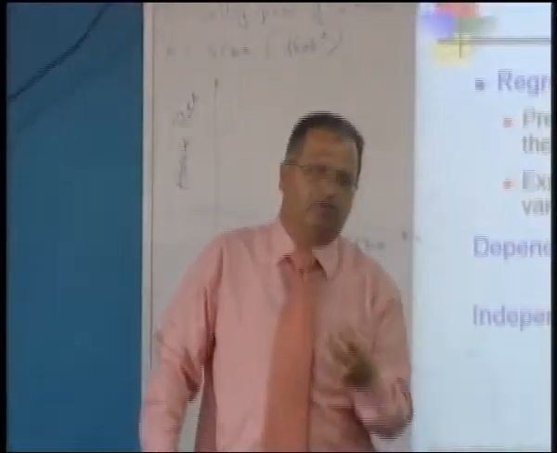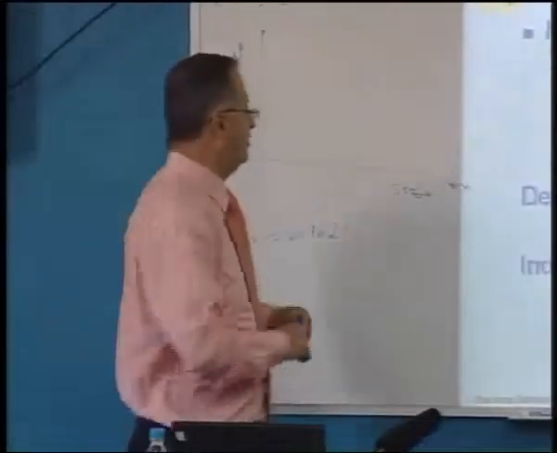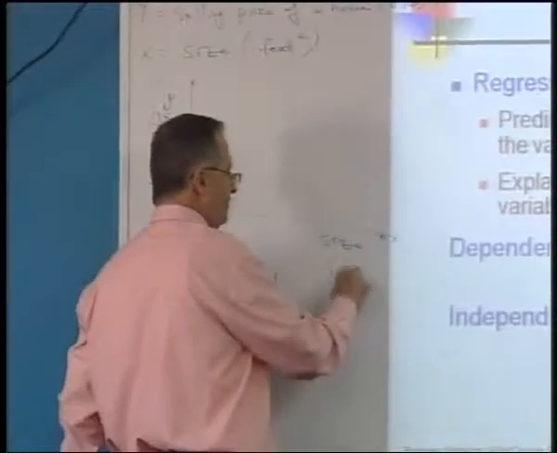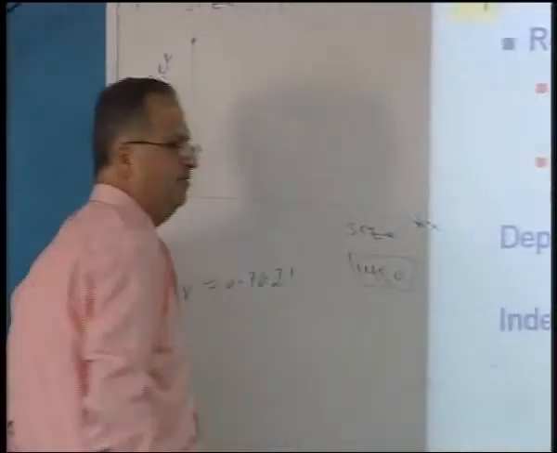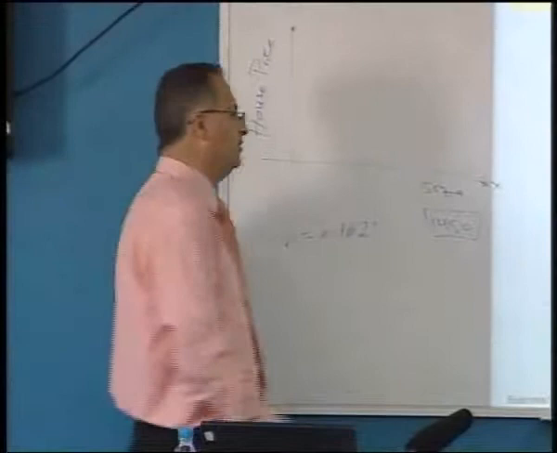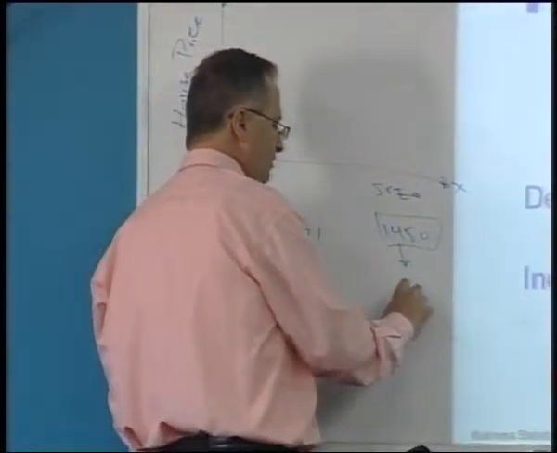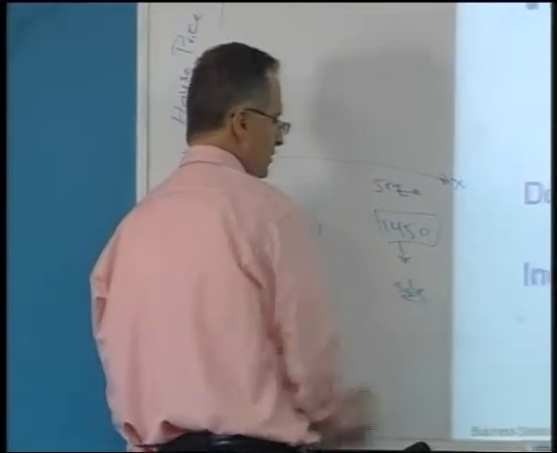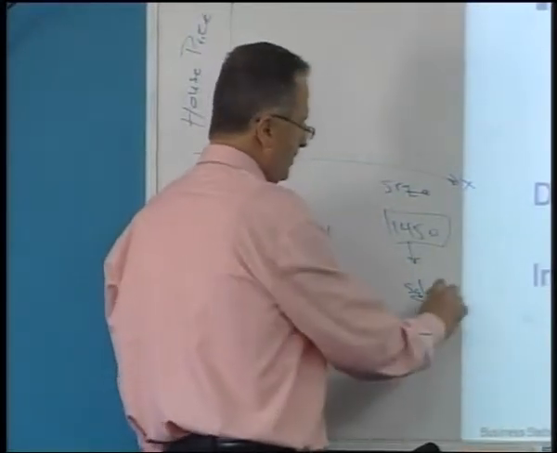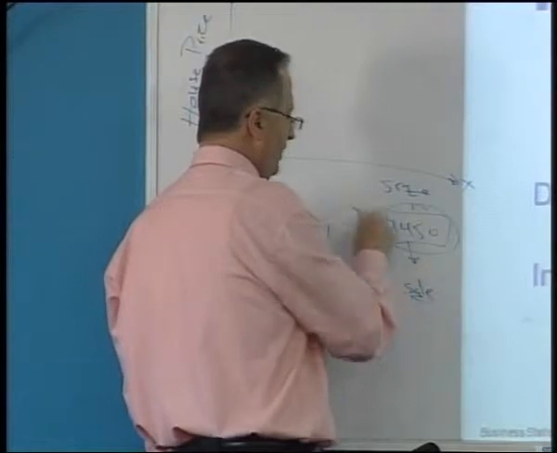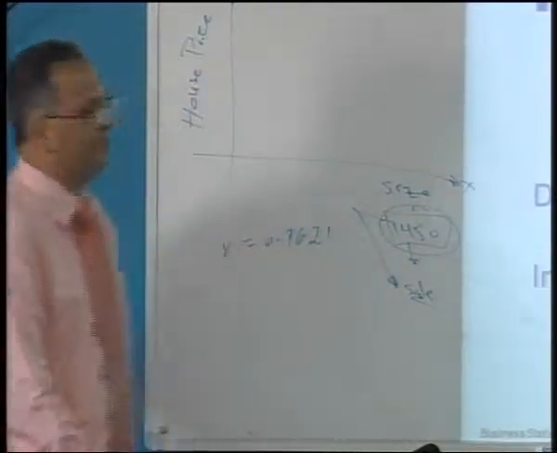Suppose, for example, you know that the size of a house is 1,450 square feet. What do you predict its price to be? By using this value, we can predict the selling price.